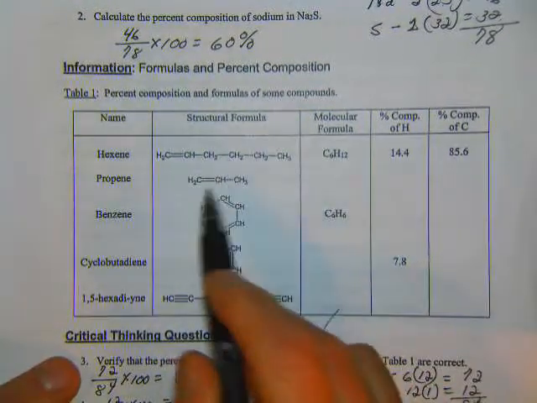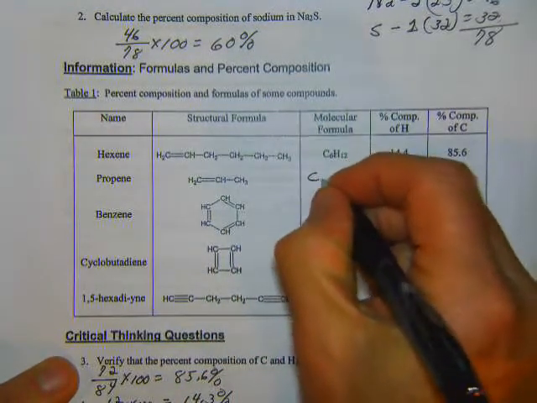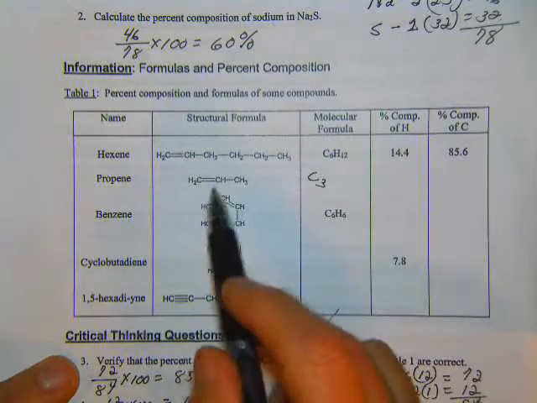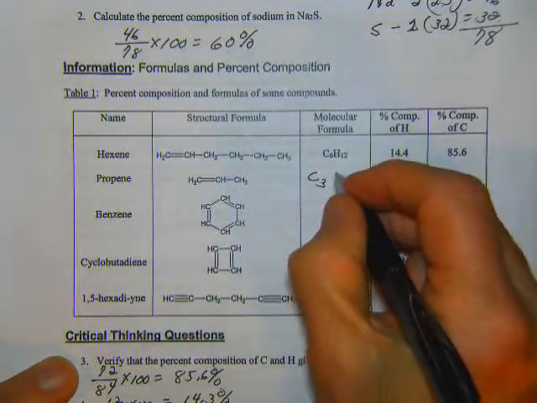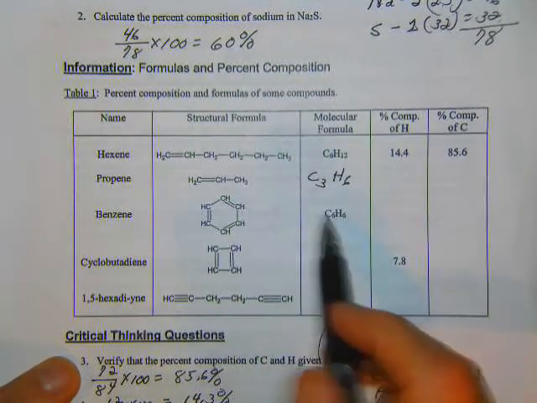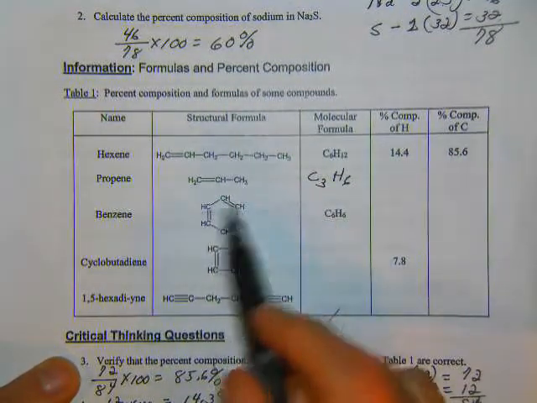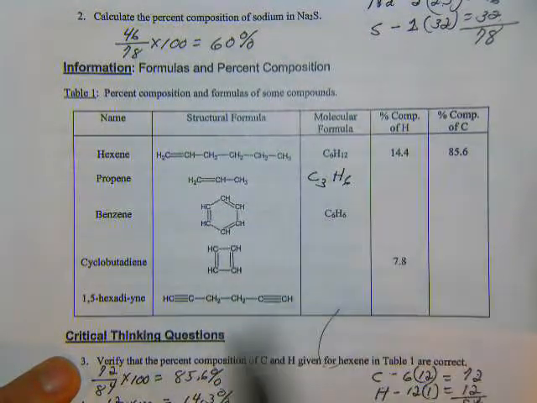For carbon we have 1, 2, 3, so that's C3, and let's add up the hydrogens: 1, 2, 3, 4, 5, 6. So H6. Easy enough. This one's C6, 1, 2, 3, 4, 5.